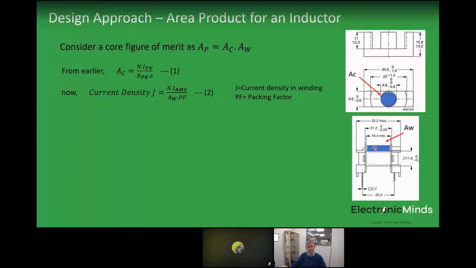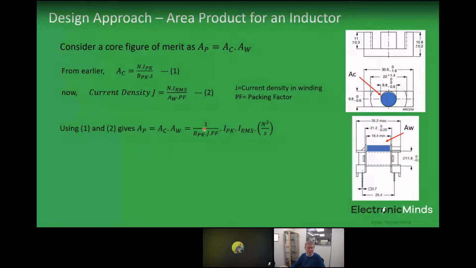We've got insulation in there, they're round windings, and you can't utilize every last bit of available area, so we have to introduce this packing factor. The current density J is useful to know, because if you drive very high current densities, you're going to generate loss. So using these two equations and rearranging, we can work out that our area product is given by this expression here.